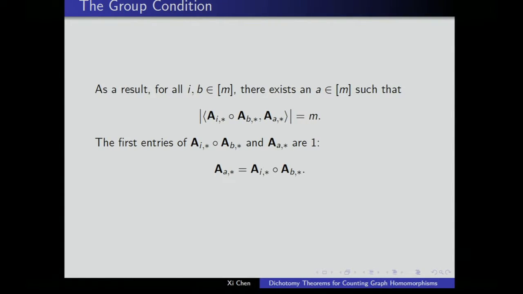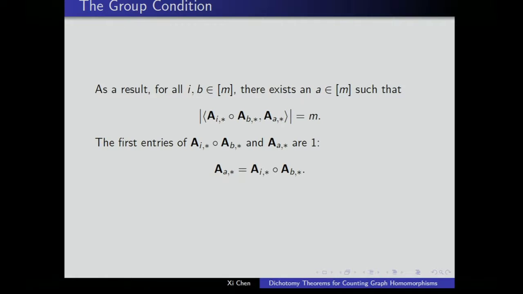And we're done because we have two vectors whose inner product has norm m. On the other hand, we know that all these vectors share the same first entry, right? Their first entries are always 1. Remember, in the condition, we require that the first row and the first column are all 1. So we have two vectors whose inner product has norm m, and they share the same first entry, both are 1.